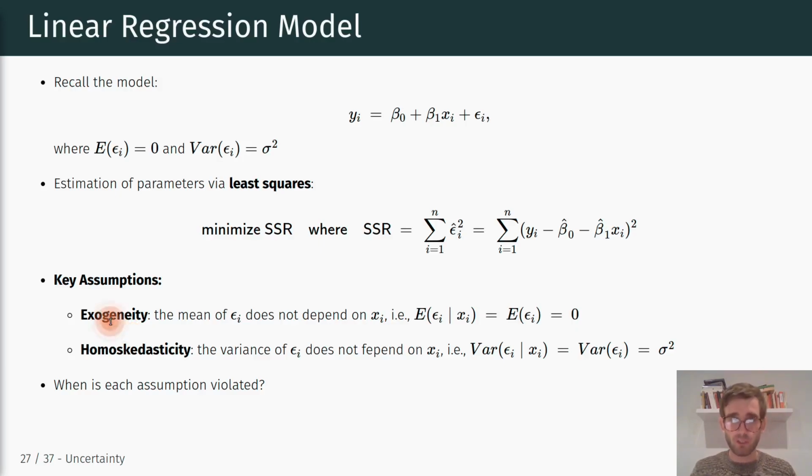But just briefly, one big violation of the exogeneity assumption is if we have omitted variable bias.